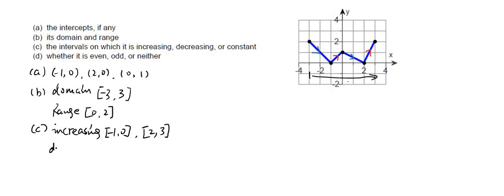And decreasing is the blue one, with the blue arrow. So it's from -3 to -1, and here it's from 0 to 2.